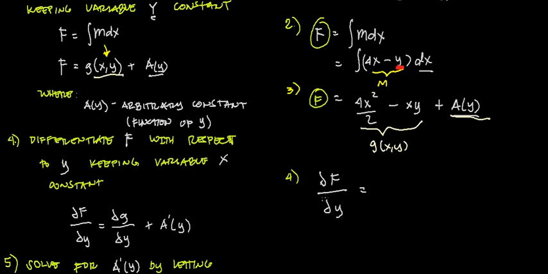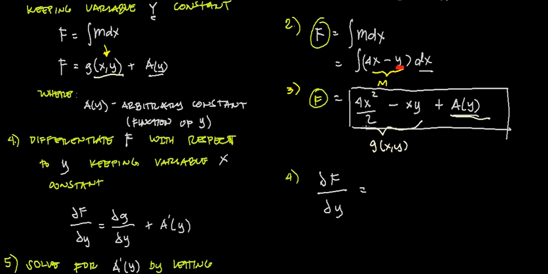So what is our f? Our f is this one, right? Then we take its partial derivative with respect to y, keeping x constant.